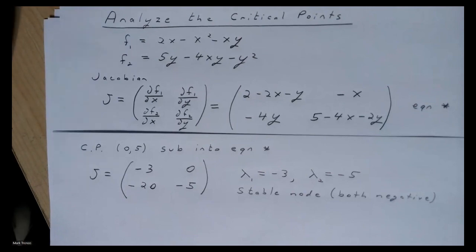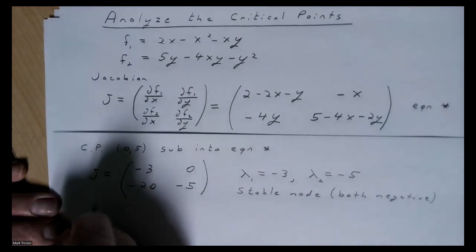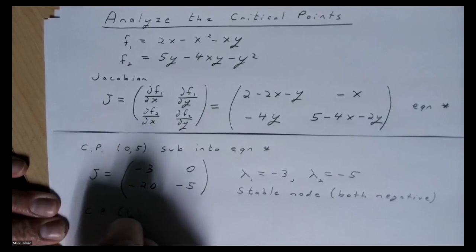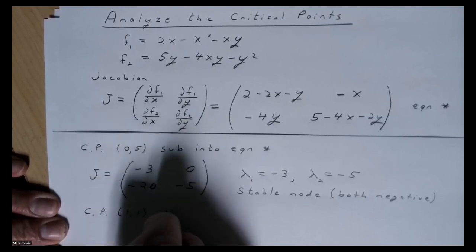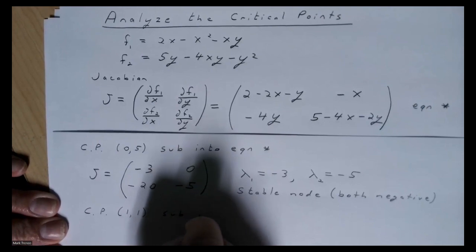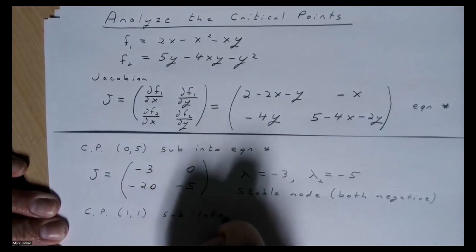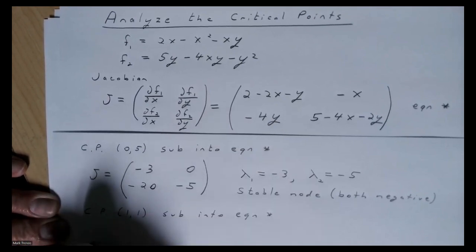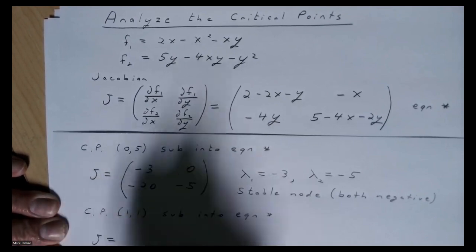So finally, we have one more critical point. That was critical point 1, 1. And again, sub this into equation star. And let's do that.